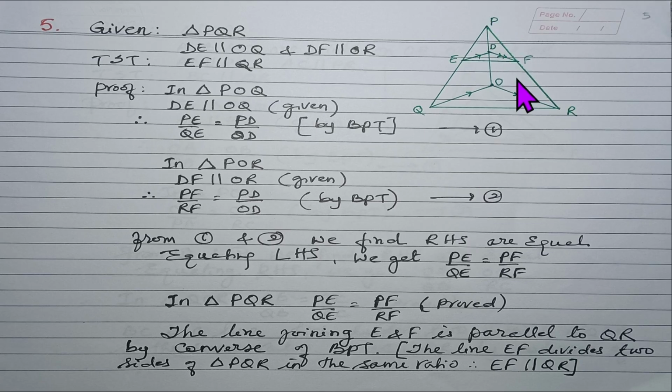That means by converse of BPT, we understand that EF is parallel to QR. So first we have proved the two ratios equal, and these are the ratios in which the line EF divides the two sides, and therefore by applying converse of BPT we find that EF is parallel to QR. That is what we had to prove here, and we have proved it.